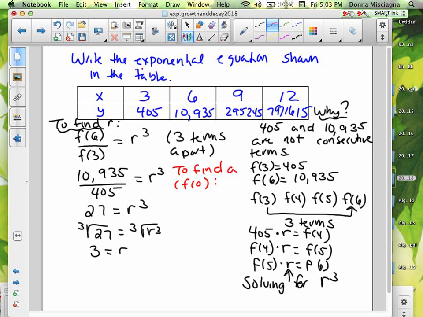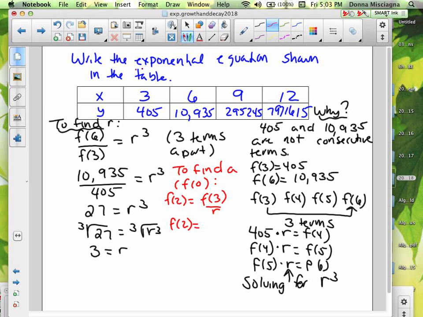It's not an a1 like it is on the geometric sequence. This one does start with 0, with a y-intercept. So to find this value, we could simply keep dividing back. For instance, f of 2 is just f of 3 divided by r.